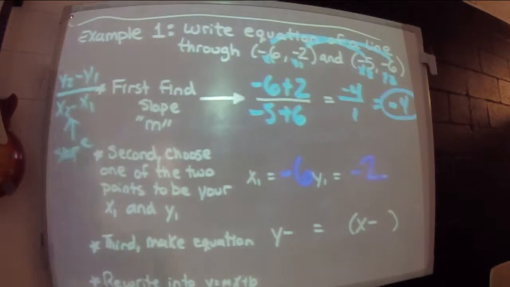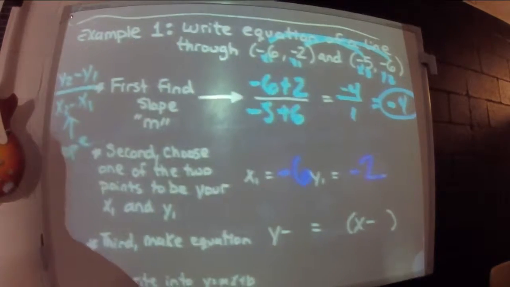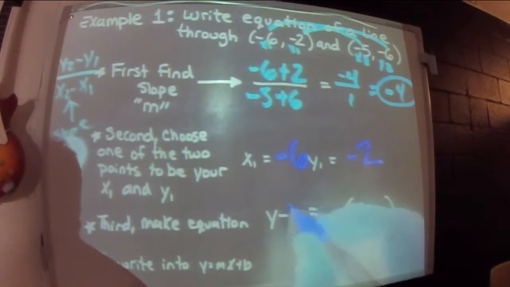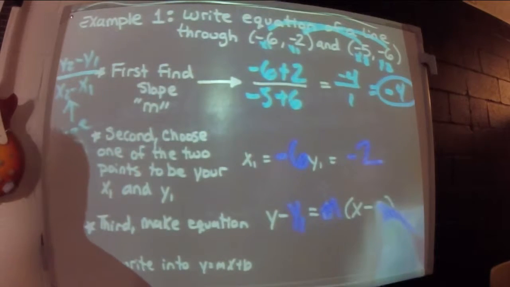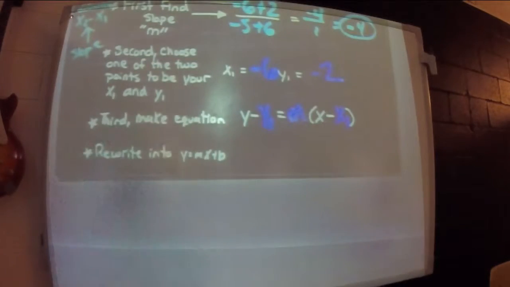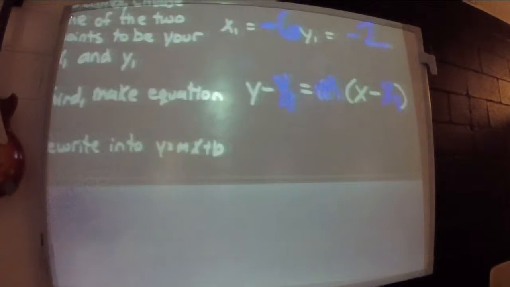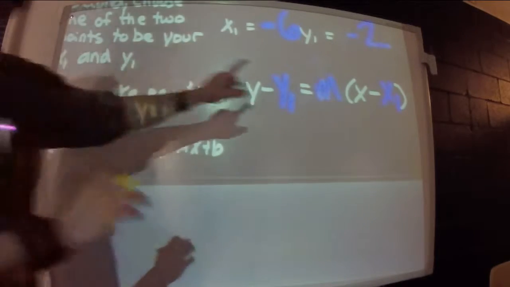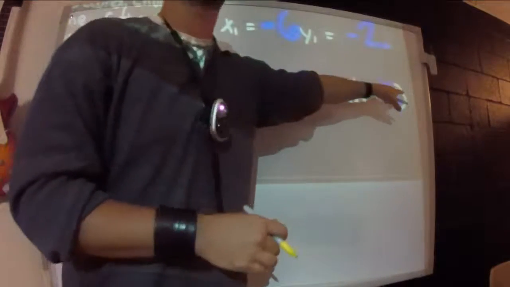And now we're going to use that formula, which is y minus y1 equals m times x minus x1. That's what you learned yesterday. Do you remember what that formula was called? Point slope. Anytime that you got 1 point and you got 1 slope, you put it in here. That's your y1, your m, and your x1.